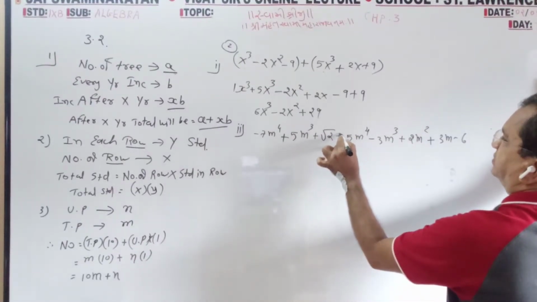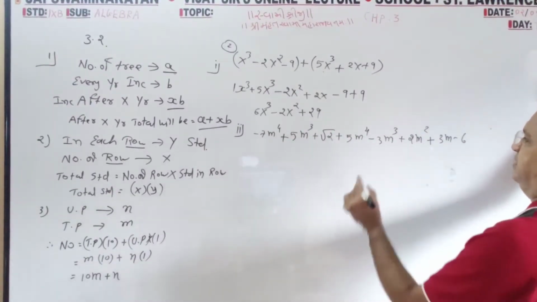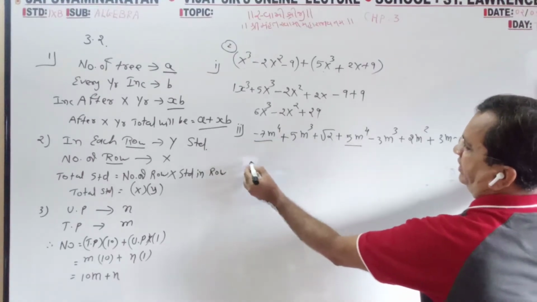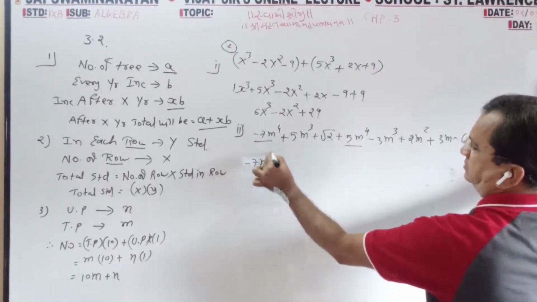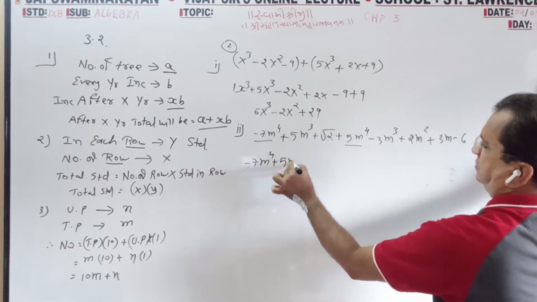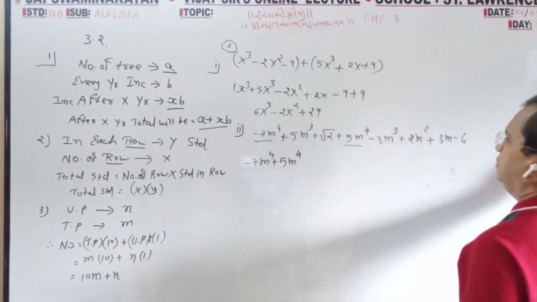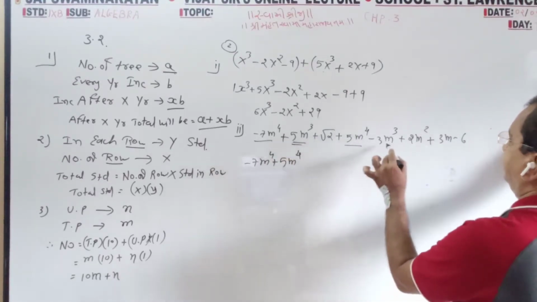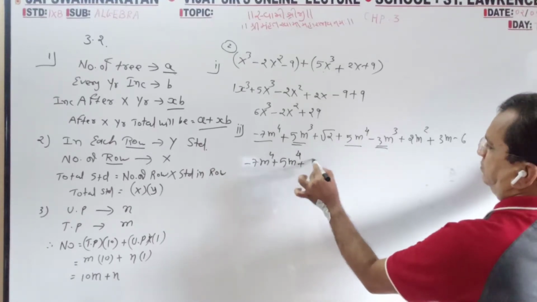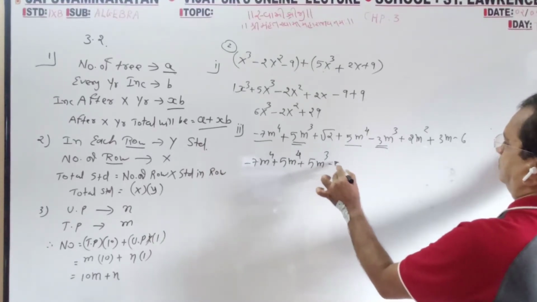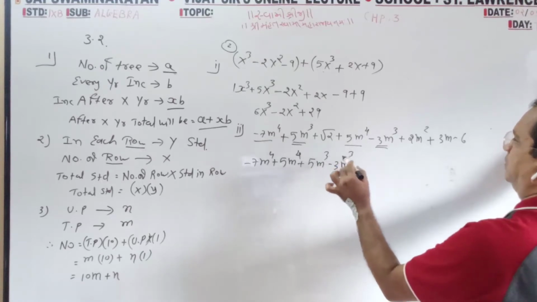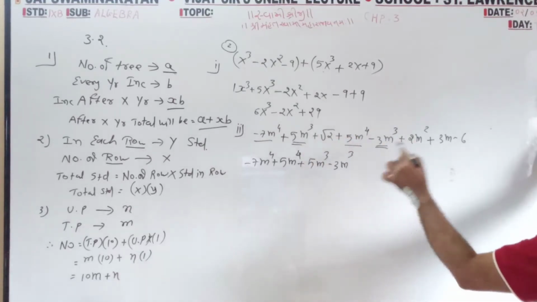It is plus, so no need to change the sign. Now 4 power we will write together. Who wants to ask, children? Ask now. Four power, then 3 power, then 2 power.